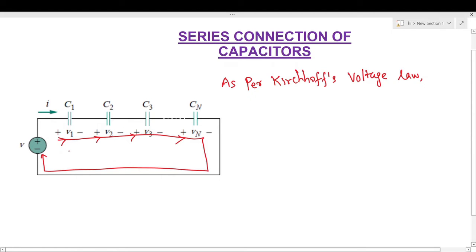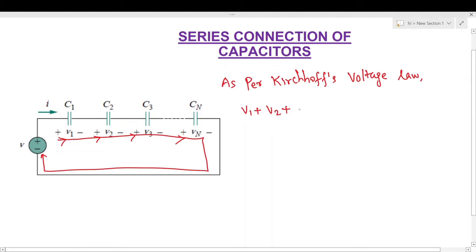For simplification purposes, I have drawn it like this, and the arrow initially meets the V1 positive potential, so we will write V1 is positive, and the arrow next meets the V2 positive potential, so we will write V2 is positive, and so we are applying the arrow method for the voltages up to Vn.